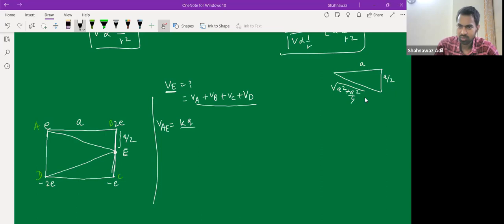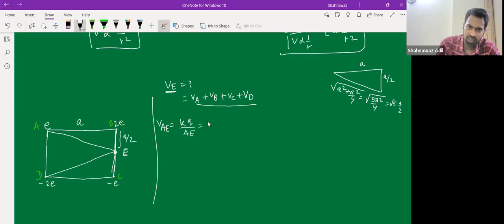So this would be how much? This would be 4A square plus A square, 5A square by 4, which means root 5 A by 2. Is that clear? Yes. So this would be simply AE, right? KQ by AE.